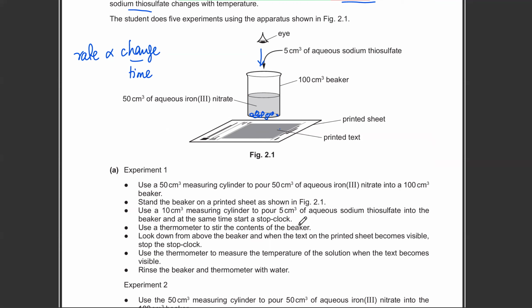Uses a thermometer to stir the contents of the beaker, looks down from above the beaker, and when the text on the printed sheet becomes visible, stops the stopwatch. Measures the temperature with the thermometer. Then rinse the beaker and thermometer with water.